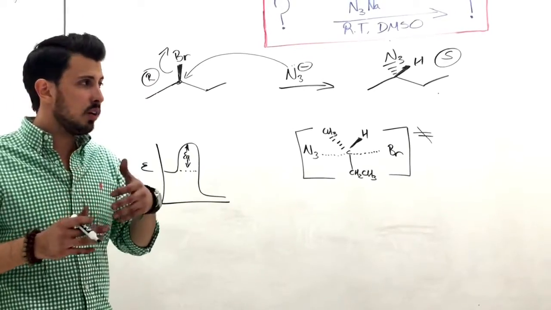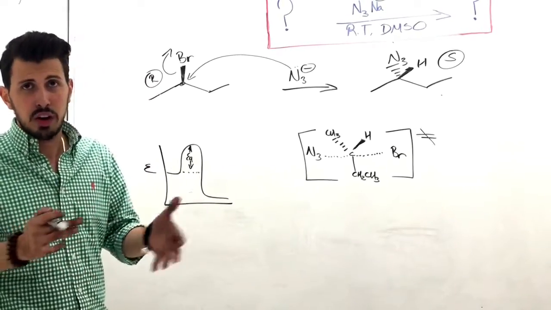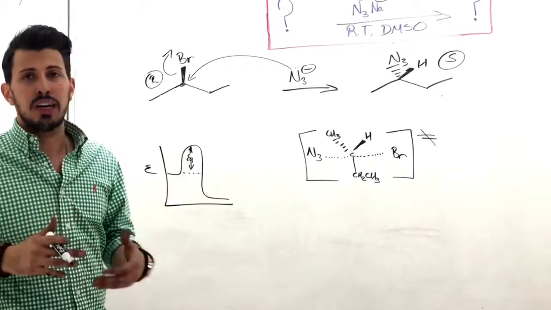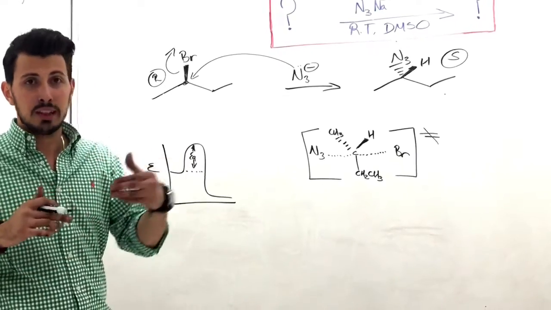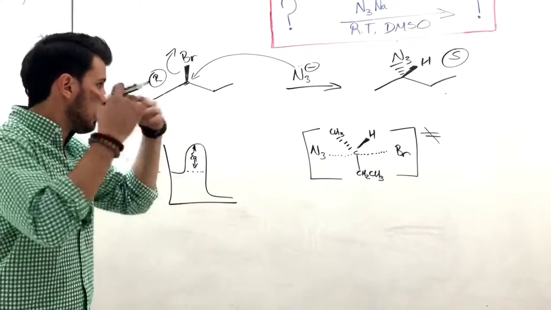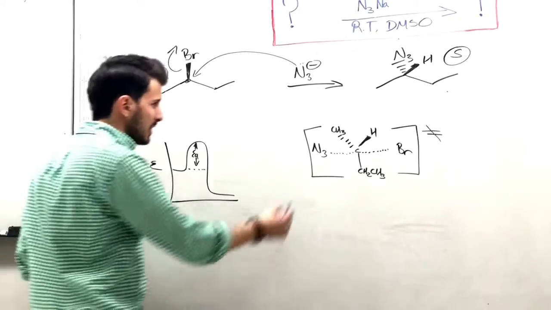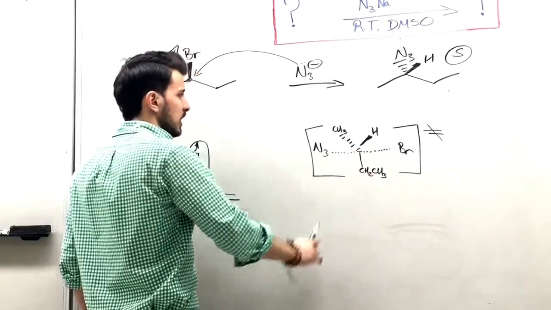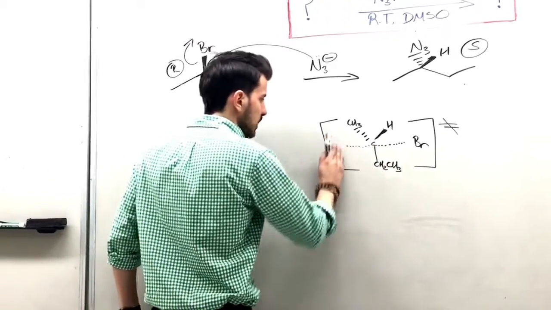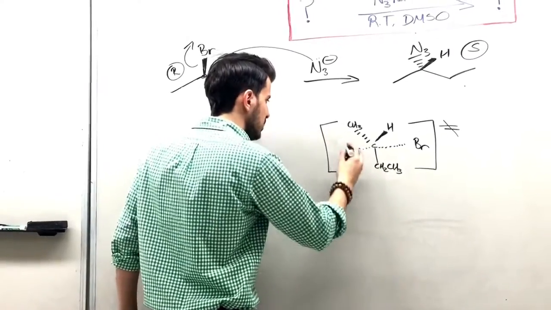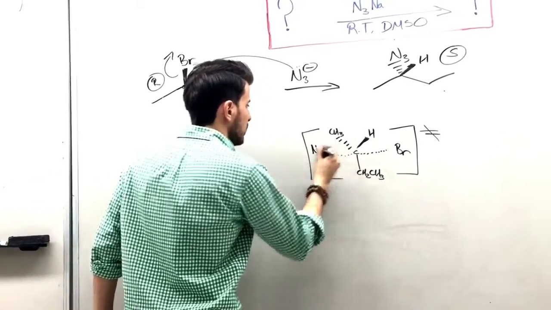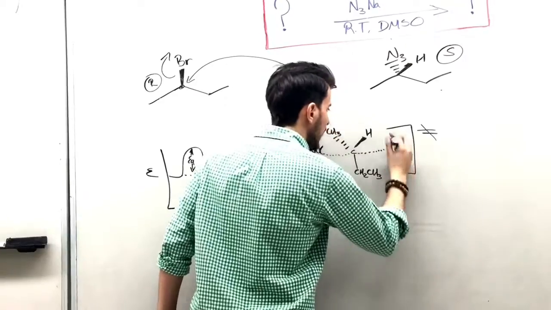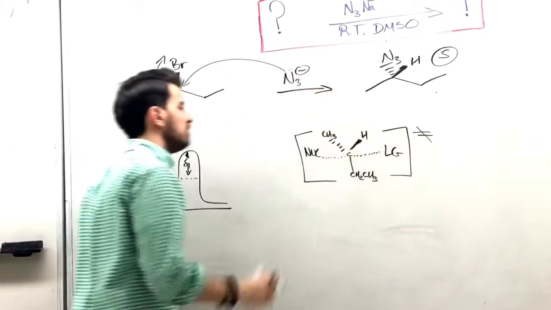With SN1, or really all type 1, SN1 and E1, it's a multi-step process because we have to first make the carbocation. But here it all happens at once. This is the nucleophile, and this will be the leaving group.